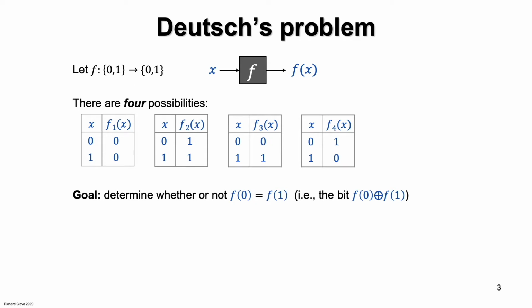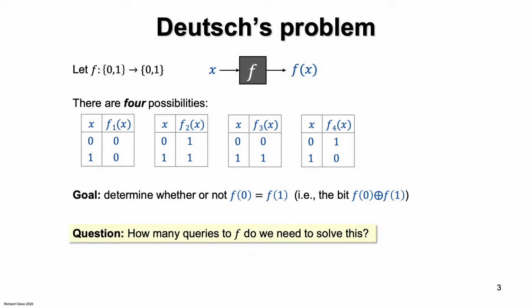The other case is where f of 0 is not equal to f of 1, which is the case where the XOR of f of 0 and f of 1 is 1. How many queries to f do we need to accomplish this? Now, please pause the video until you have an answer.